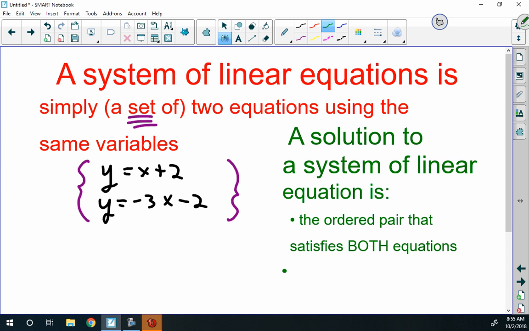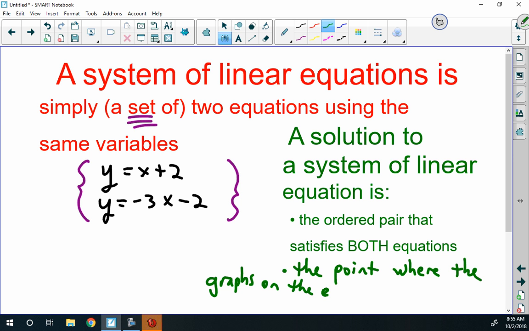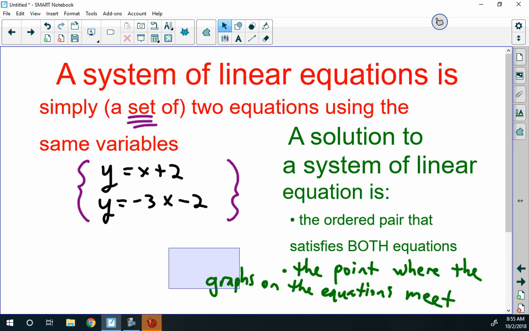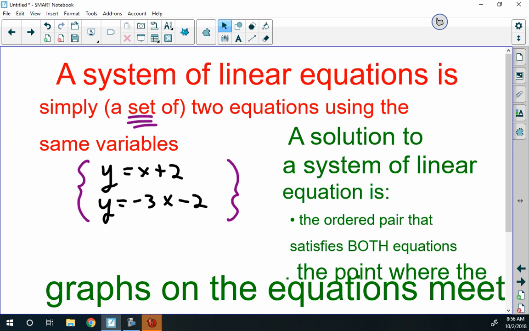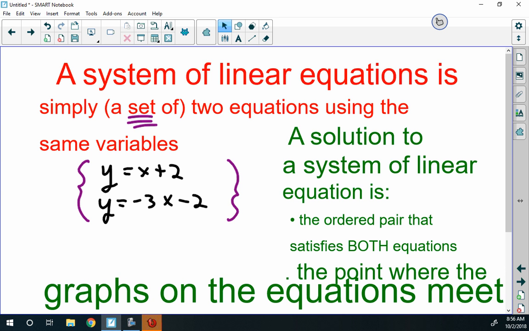The other way to look at it is it's the point where the graphs of the equations meet.